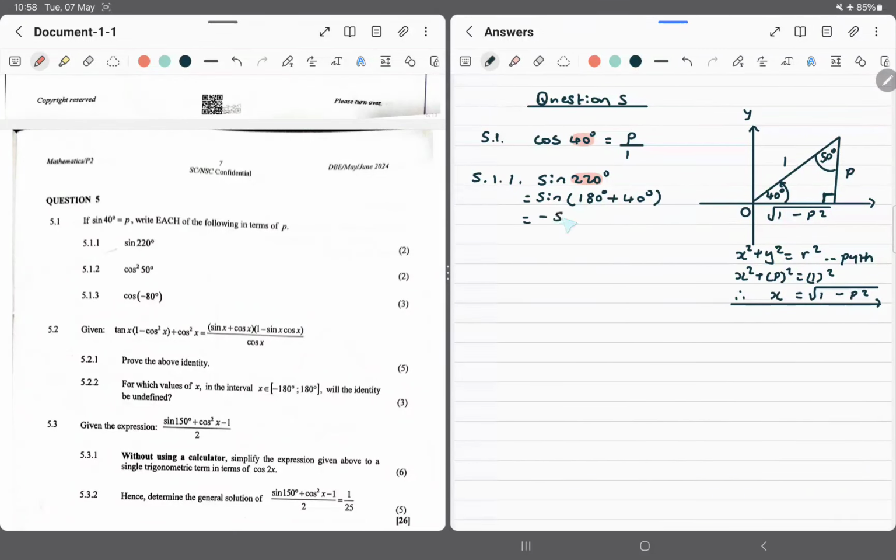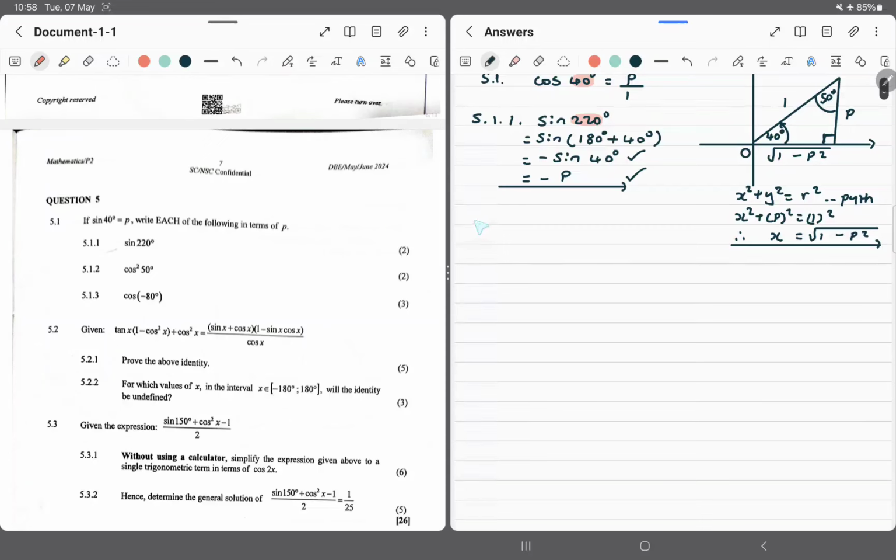So sine is negative in the third quadrant. Then we take the acute angle equivalent. So this becomes minus p. That's the answer. Because it's literally p over 1, but now it's negative. So this reduction and the answer is the first 2 marks.